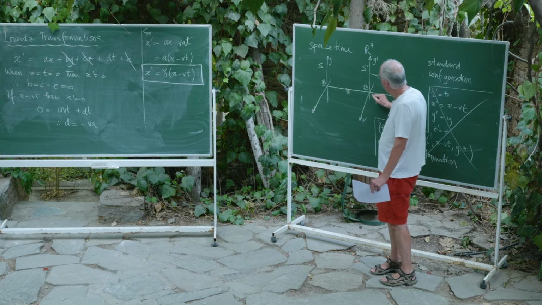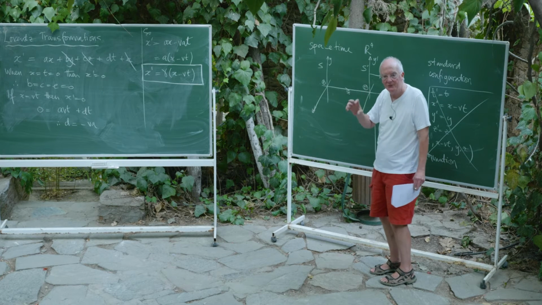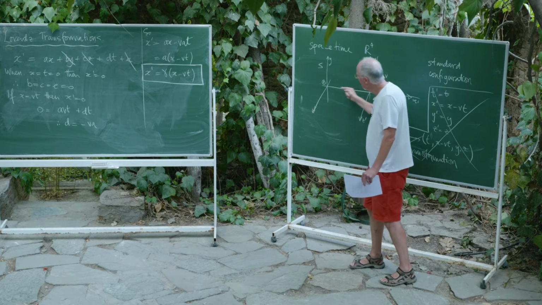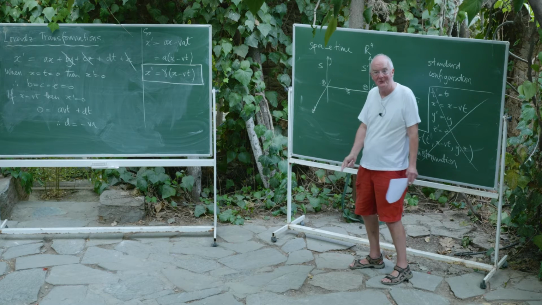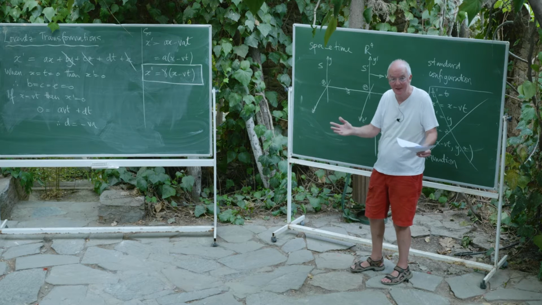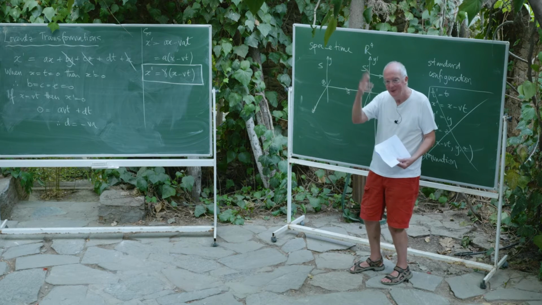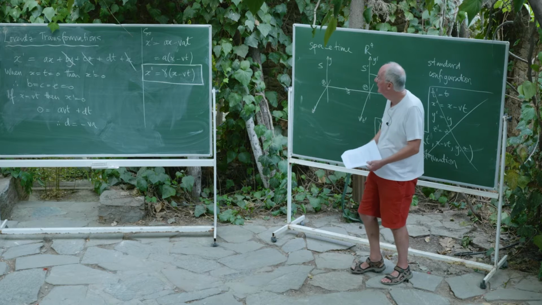Then if you think of this frame as being at rest, this one is moving away in that direction at velocity v. Okay, and it's exactly the same arrangement. It's just that you've relabeled things.